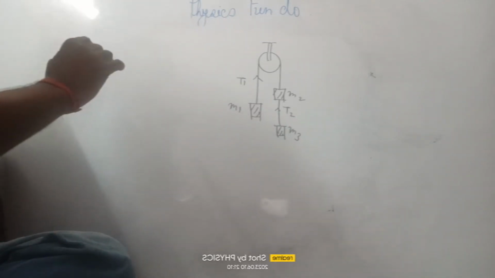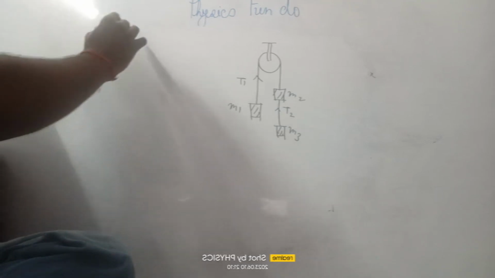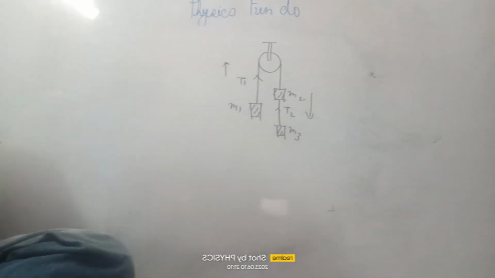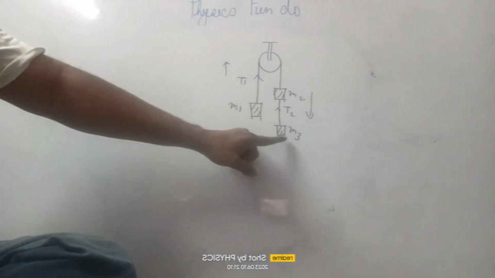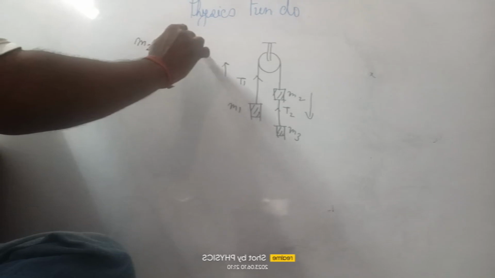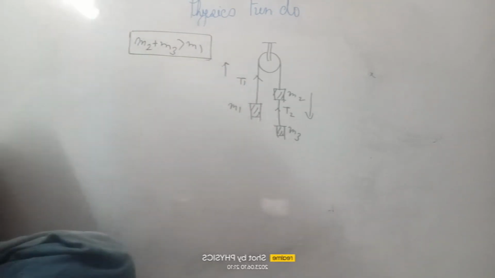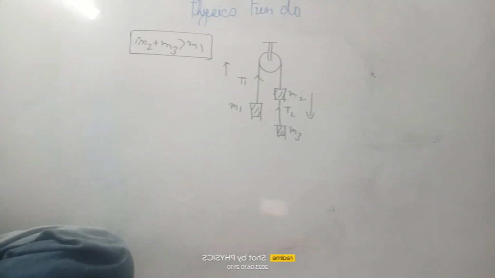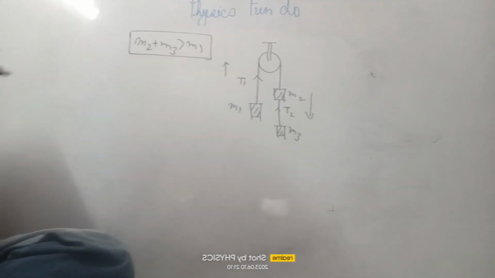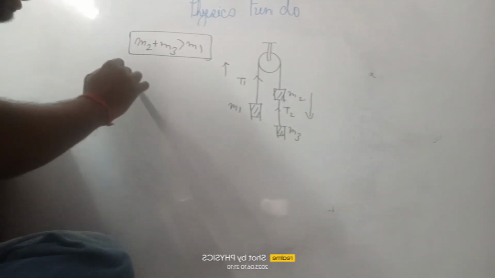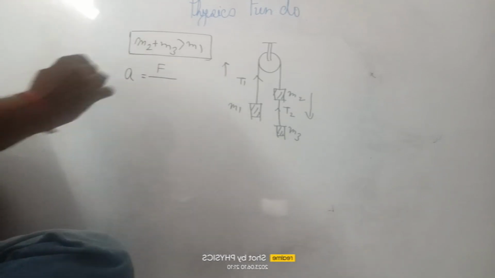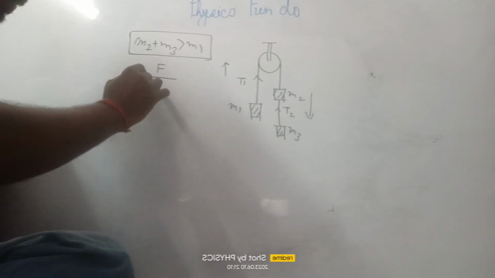Now, how to find the acceleration? Let us take the body moving in that direction, so m2 plus m3 is greater than m1. To find the acceleration, a is equal to the total force by the total mass m.